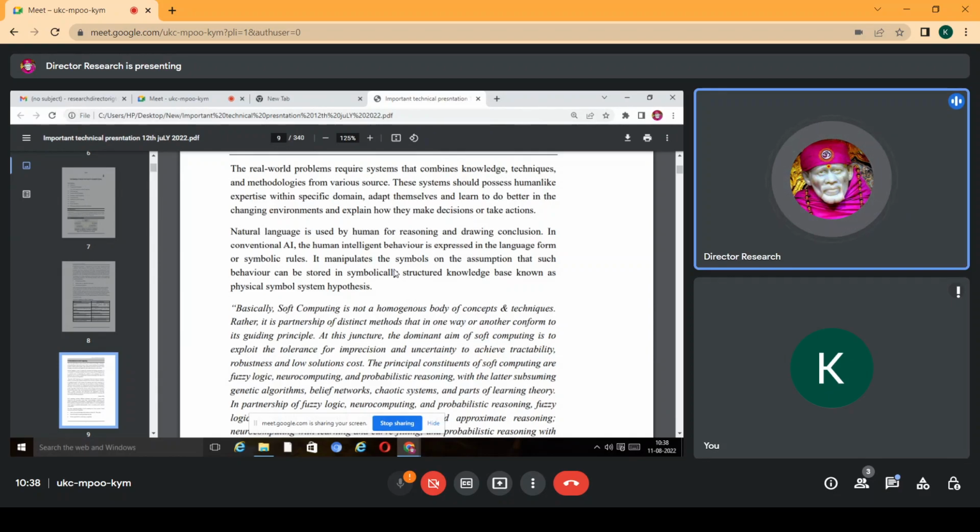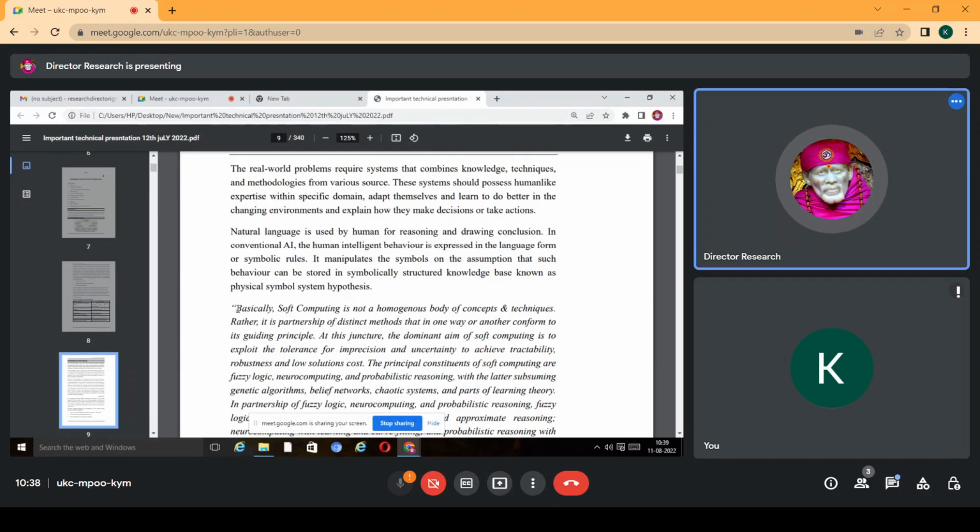In conventional artificial intelligence, the human intelligence behavior expressed in language form is symbolic rules. It manipulates the symbols on the assumption that such behavior can be stored in a symbolically structured knowledge base, known as the physical symbol system hypothesis. Just observe that.